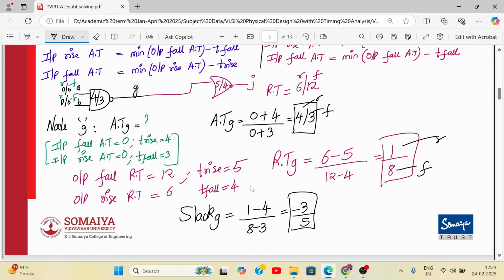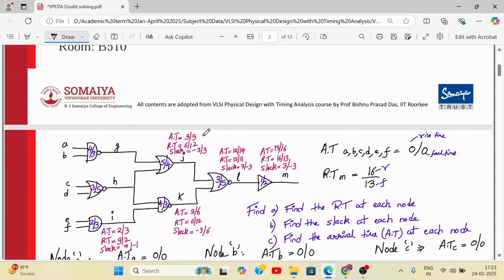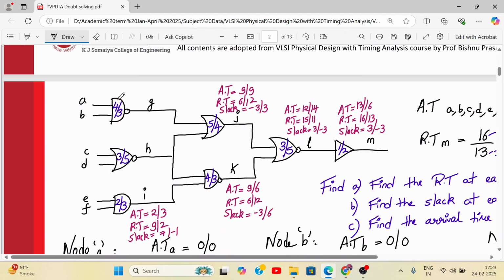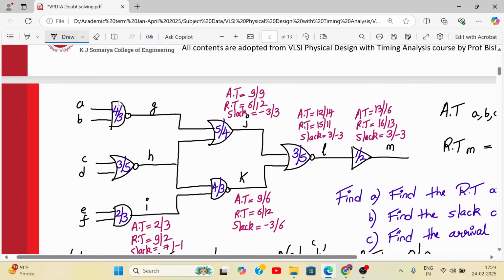So that is the slack at node G. Let us fill this information over here at node G. So this is arrival time. At node G it's 4 by 3. Return time it's 1 by 8. And slack is minus 3 by 5.